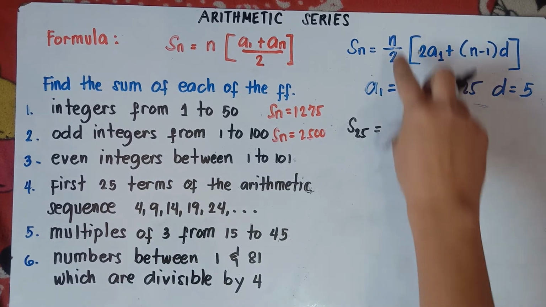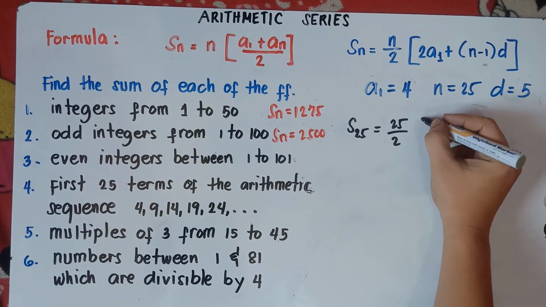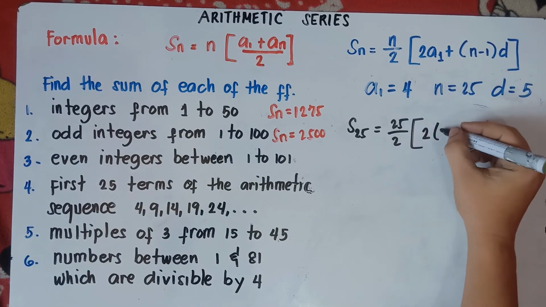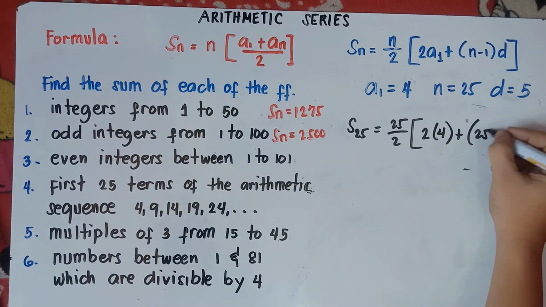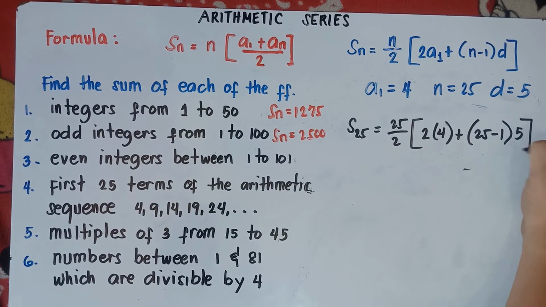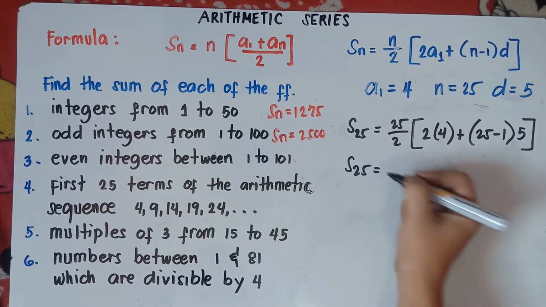The n is 25. So 25 over 2 multiplied by 2 times the first term, which is 4, plus n, 25 minus 1, times the common difference, which is 5. Close the bracket. So this will be S sub 25.